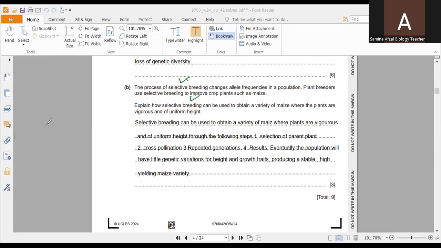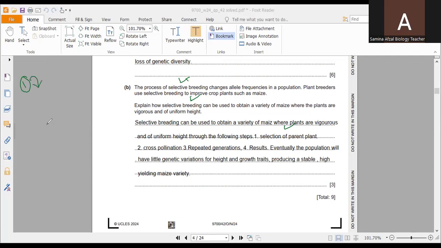First of all, selection of parent plants. In the first step, farmers or breeders choose maize plants that exhibit the desired traits such as strong growth and uniform height.